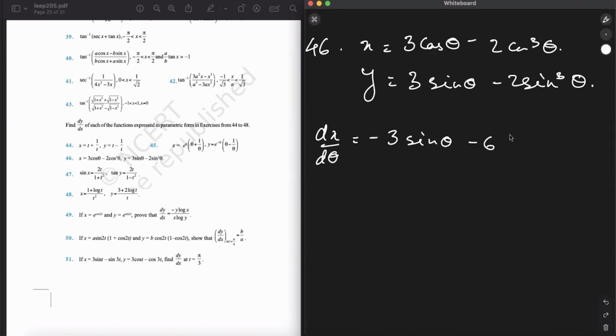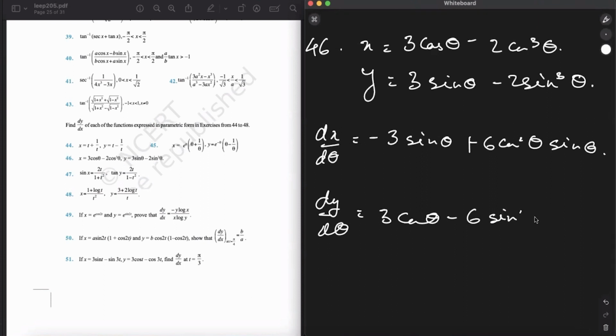Minus 6 cos square theta, and the derivative of cos theta is minus sin theta. So it will come out to be a plus 6 cos square theta sin theta. Okay. Now let's find dy by d theta. So it will be 3 cos theta minus 6 sin square theta cos theta.